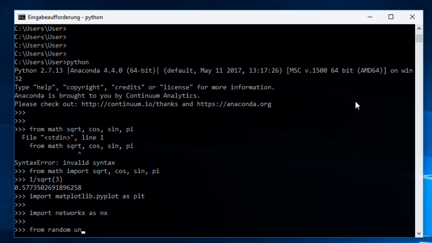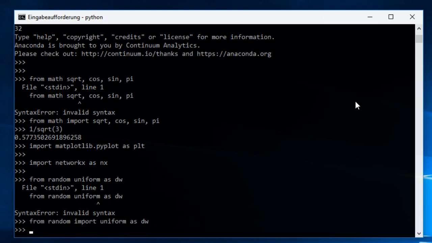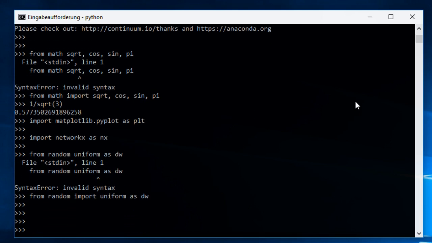And for that, we're going to import the uniform distribution and import it as dw. So, okay, we're going to create a graph. I call it capital G as is standard, and for this I call the constructor.